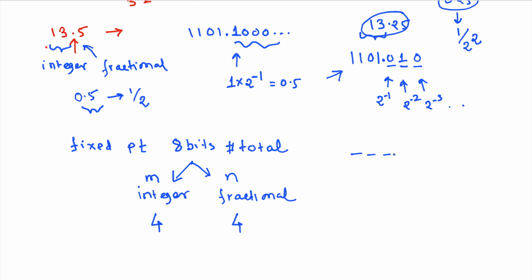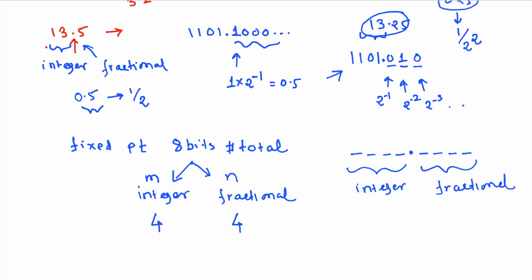This is the integer portion and this is the fractional portion, right? Because we keep the number of bits fixed, there's a limitation on the maximum value and the minimum value that we can represent with this.